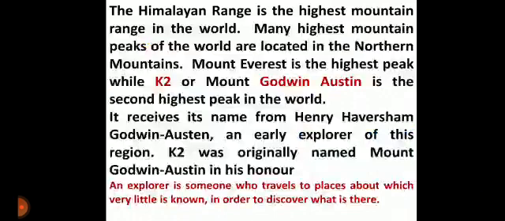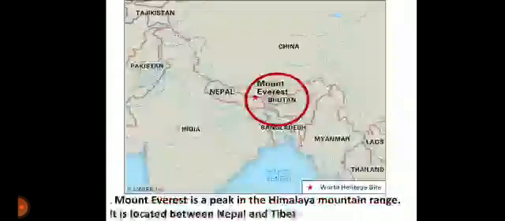An explorer is someone who travels to places about which very little is known in order to discover what is there. That is the meaning of explorer. Godwin Austen was an explorer.